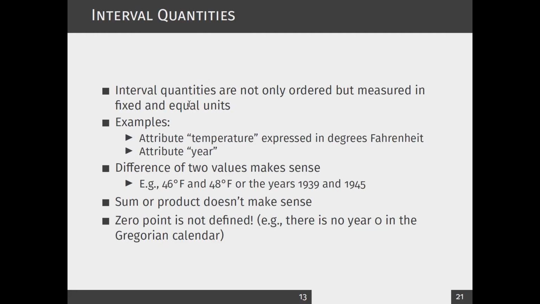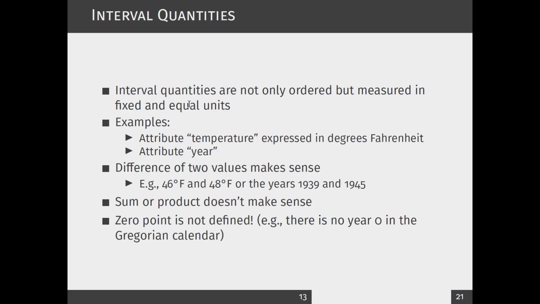Similarly, the third type we call interval quantities. That means you can define different values. For example, if you take temperature, you can express it in degrees Fahrenheit. You can talk about the difference between two values like 46 Fahrenheit and 48 Fahrenheit. So you can take a difference.